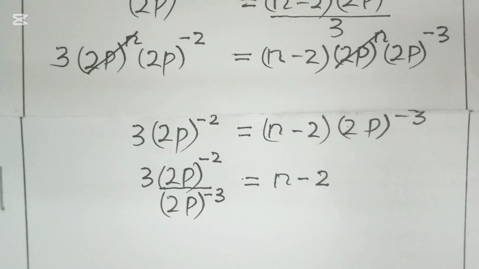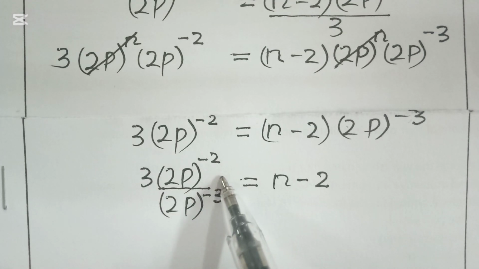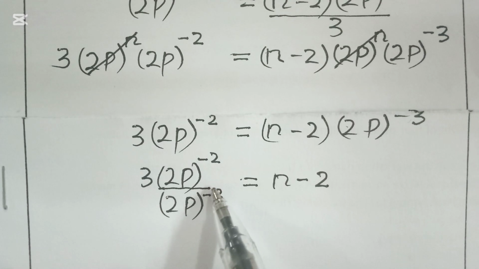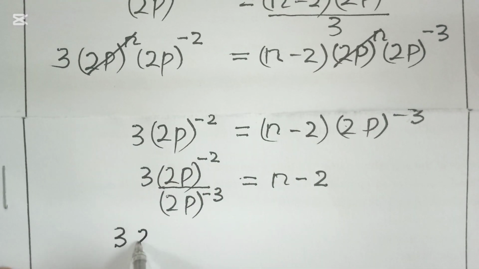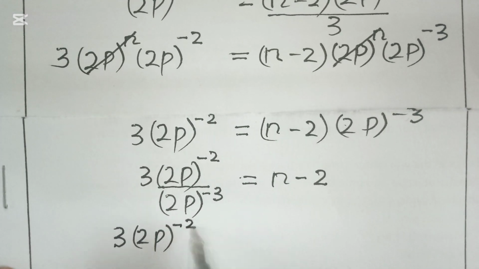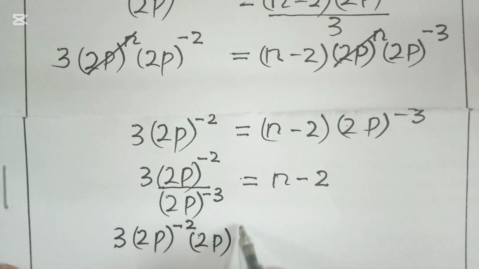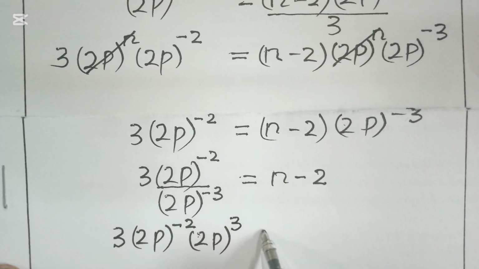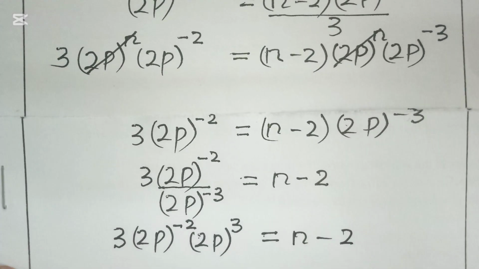By the law of indices, we transfer 2p raised to negative 3 up to become the numerator, so this becomes 3 times 2p raised to negative 2 multiplied by 2p raised to 3, which gives us n minus 2.